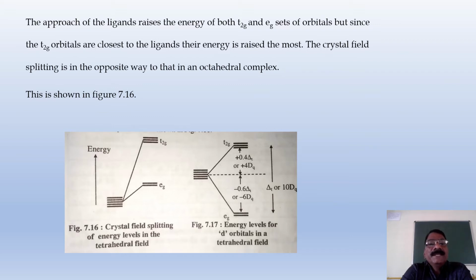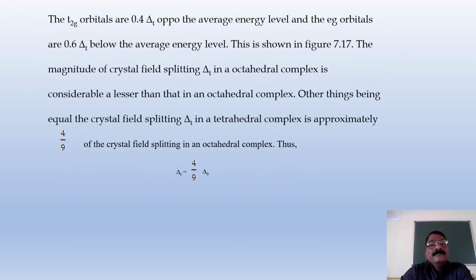The crystal field splitting is the opposite of that in octahedral complexes, because in octahedral complexes the ligands approach along the x, y and z axes, but here they are in between the axes, so the splitting is completely opposite. The t2g orbitals are 0.4 delta T above the average energy level, and the eg orbitals are 0.6 delta T below the average energy level.